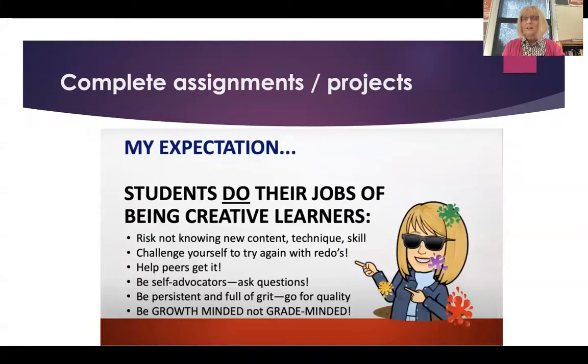My expectation is that students will always do their jobs and be a creative learner. Let themselves be on the paper and the canvas or the pot or the creative piece that they're making. I want them to risk not knowing and risk learning. And that is just so freeing to be able to do.